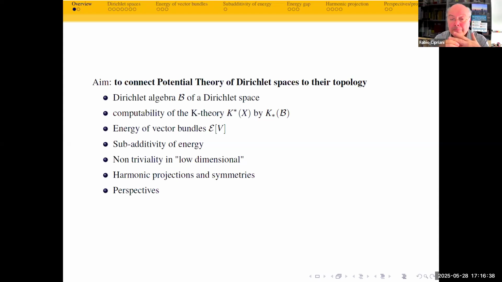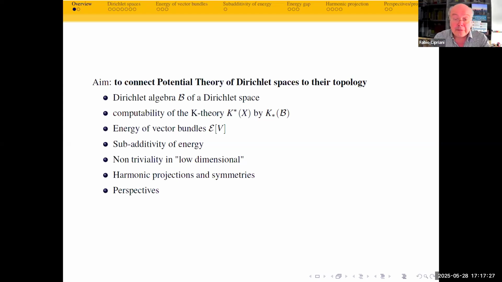And we will see how an energy functional with the property of a Dirichlet form provides enough calculus, enough tools like derivations and others, to compute in principle the K-theory of a space by the algebraic K-theory of a certain algebra, which we will call the Dirichlet algebra, an algebra associated to an energy on a space, which replaces the algebra of smooth functions on a manifold.